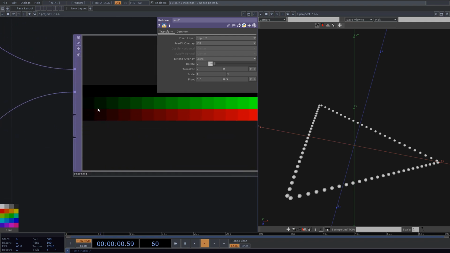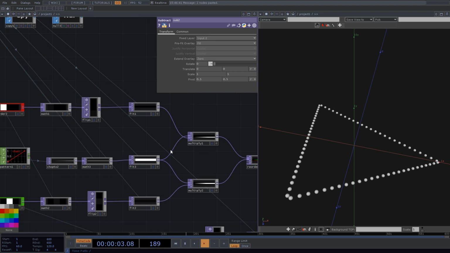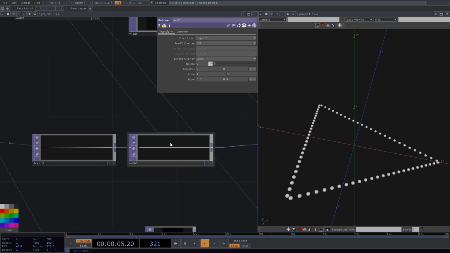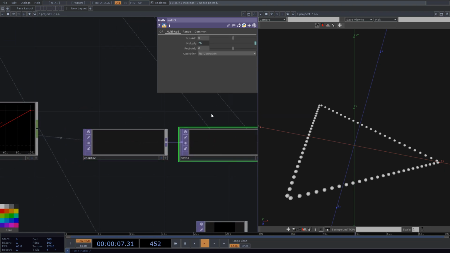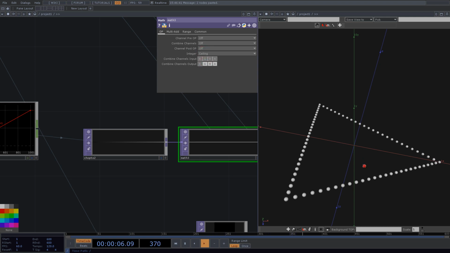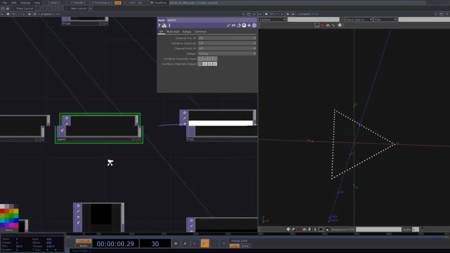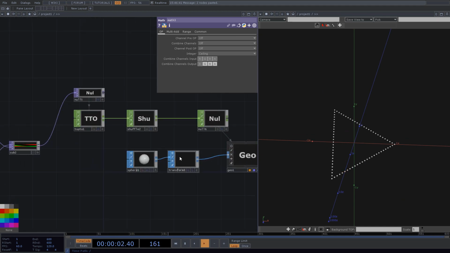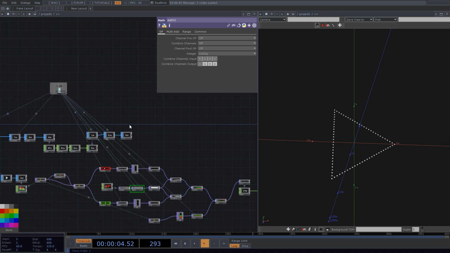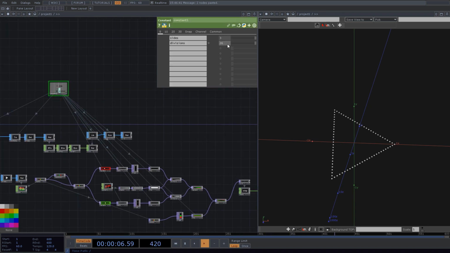So this should be 0 here, the first one, because I'm on 0 here. Okay, now we're good. Yeah, so this is the method.